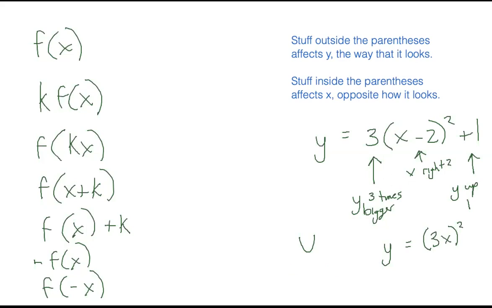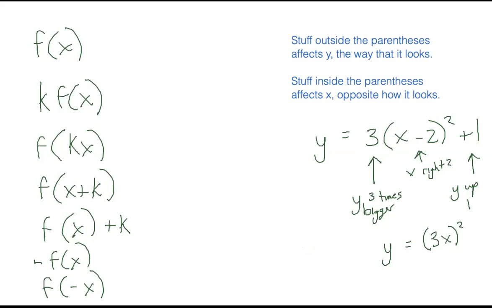So let me get rid of those last two. So here's our starting point, f of x. This one here, k f of x, it's kind of like this, right? We're multiplying. By the way, f of x and y, same thing, right?